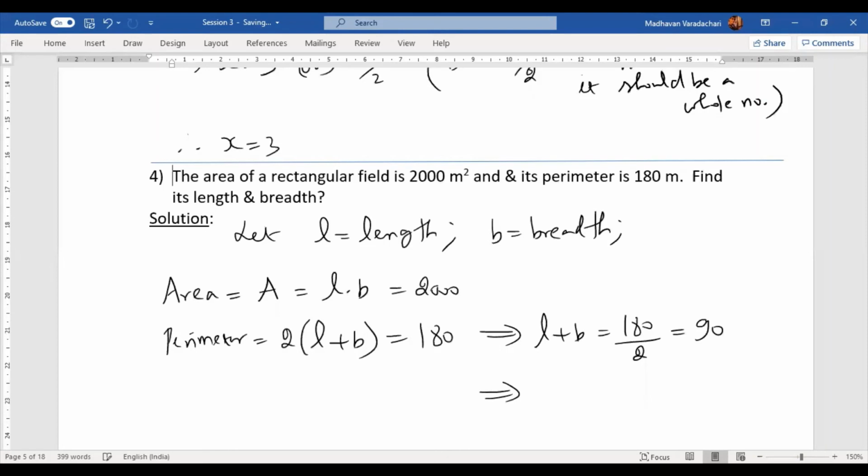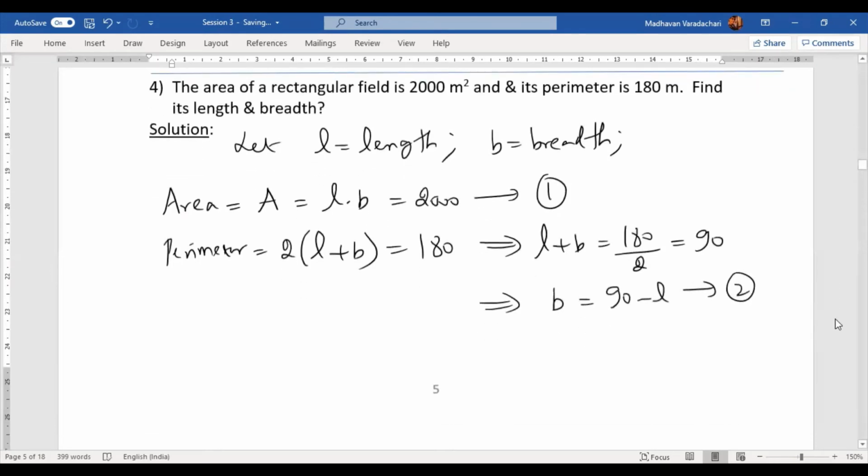Or I can write B is equal to 90 minus L. Let me call this as equation 1, this as equation 2. Now, substituting 2 in 1. What do we get? I'm going to substitute B for 90 minus L in the first equation.